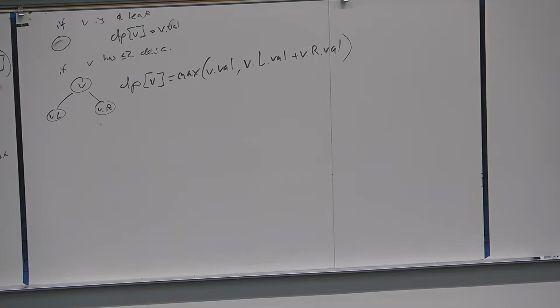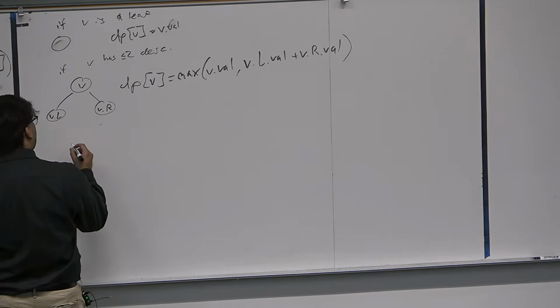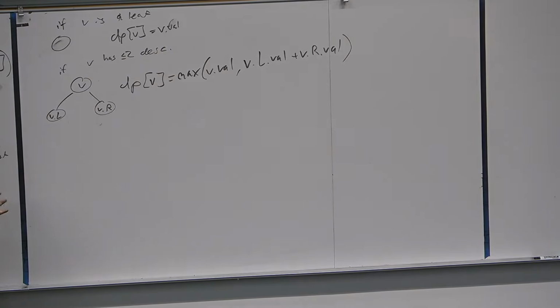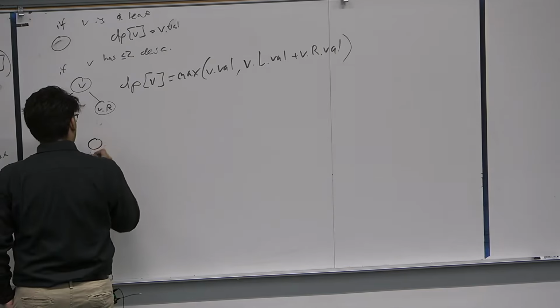What if there's only one child? Yeah, same with this, okay? We've done the base cases basically. What about the general case? Let's suppose V is here.